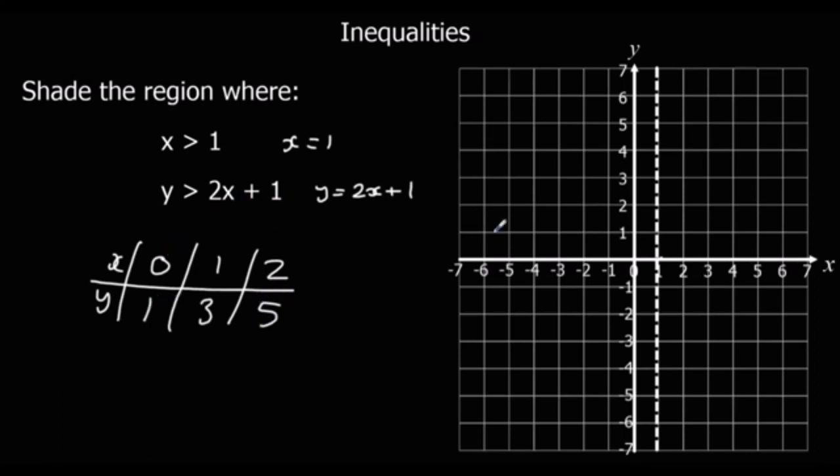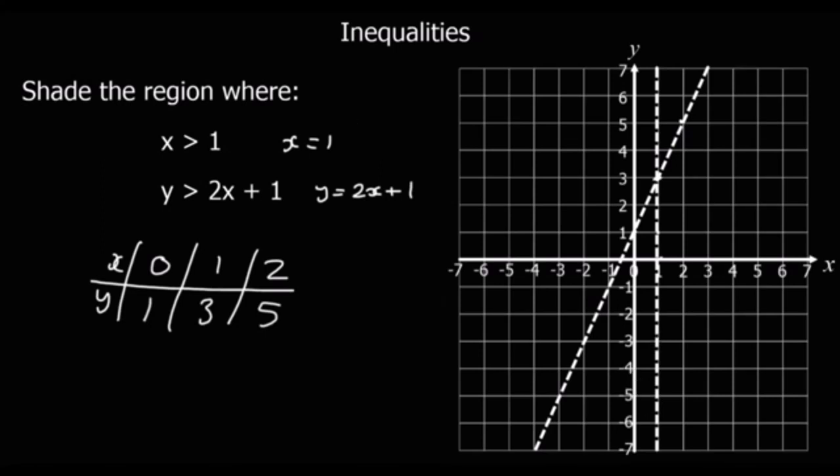So it goes through 0, 1, 1, 3, and 2, 5. So again, we'll get our dotted line, and we'll join them up with our dotted line to go through all 3 of those points, and we mark it on.